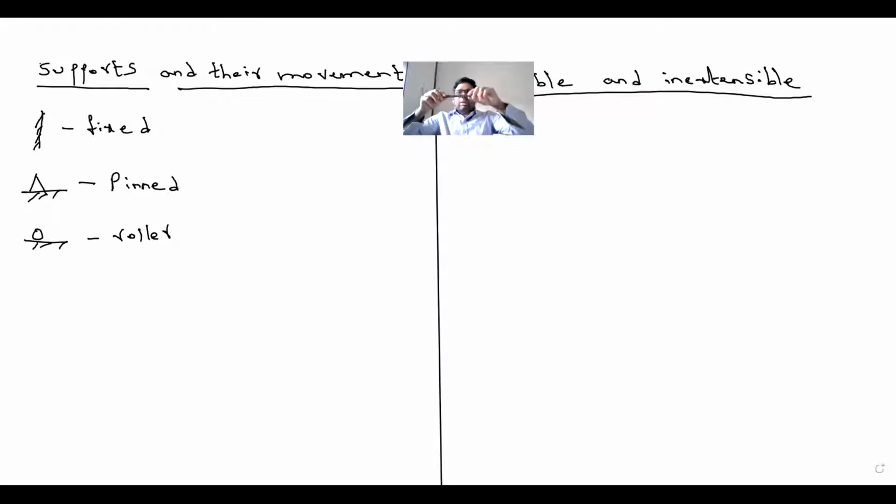I will give an example. Now I am holding the pen in my hand very tightly. Imagine I am trying to push the pen. Wherever I have held my pen, that point is not moving at all, which means it is not moving horizontally, not moving vertically, and not rotating clockwise or anti-clockwise.